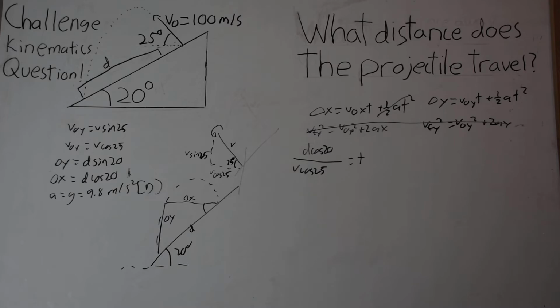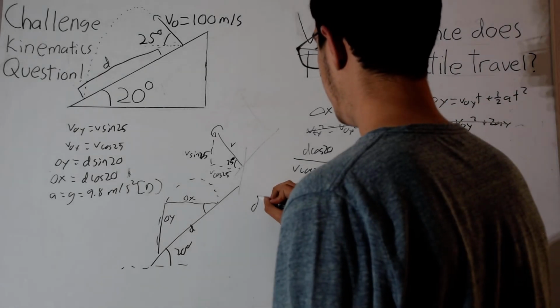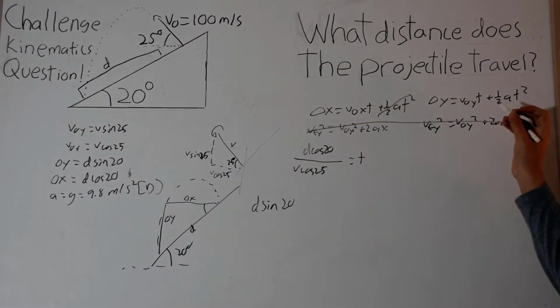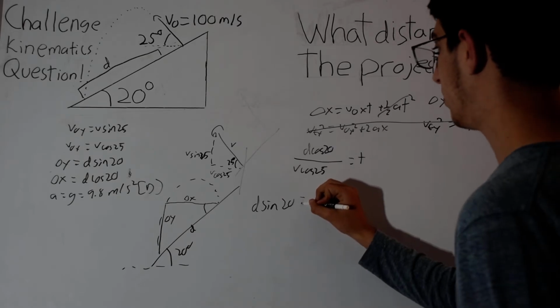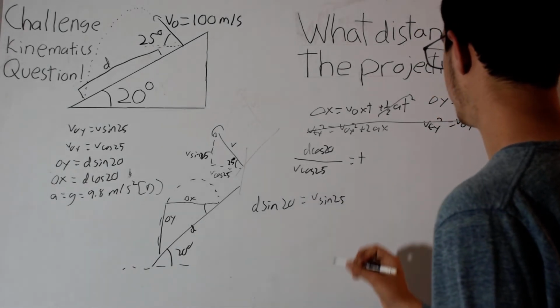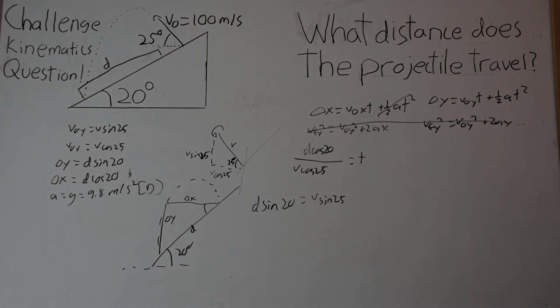So let's start. So change in y equals d sine 20, and that equals v0y, which is v sine 25, times time, which we just isolated for in this equation.